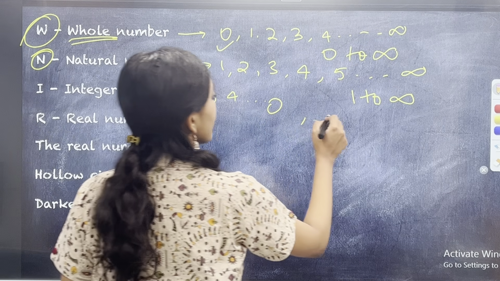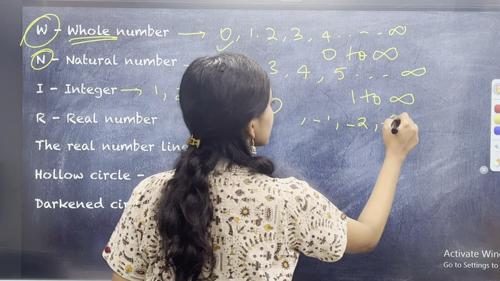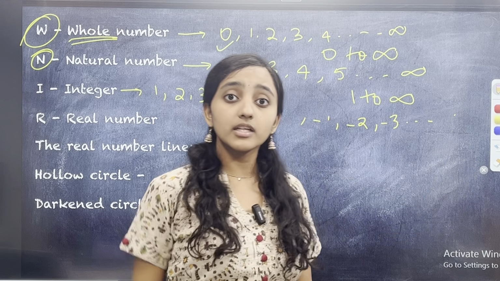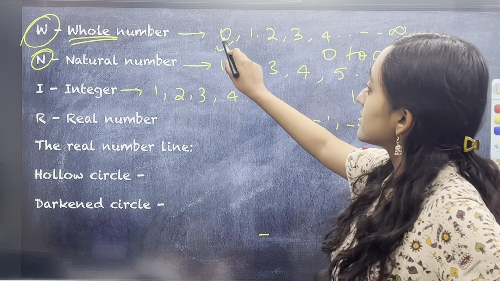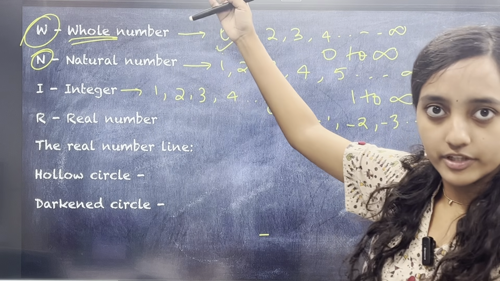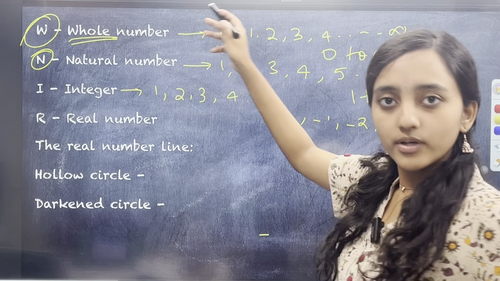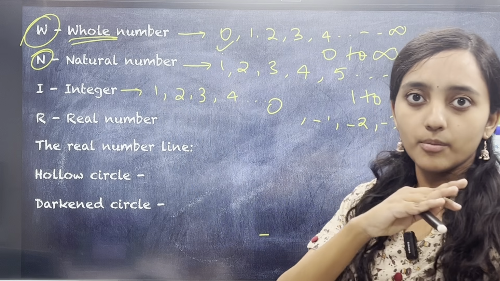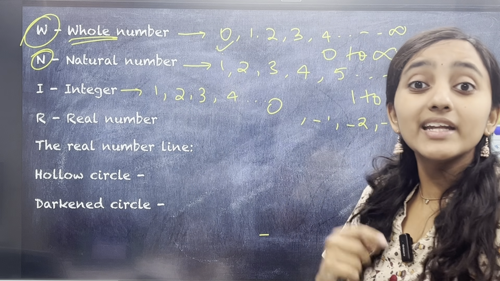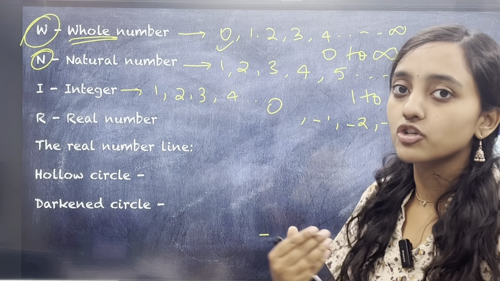You also have -1, -2, -3, dot, dot, dot, dot. Basically both positive and negative will count. See, whole numbers have 0 and then the positive part 1 to infinity. Natural numbers have 1 to infinity. Integers have 1 to infinity, 0 and even negative numbers, but the number should be an integer, meaning it should not have any fractional or decimal part.